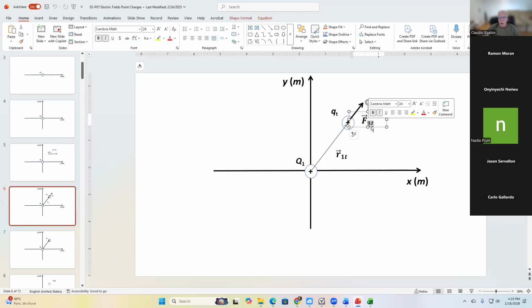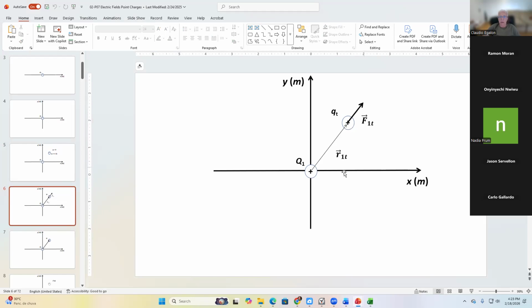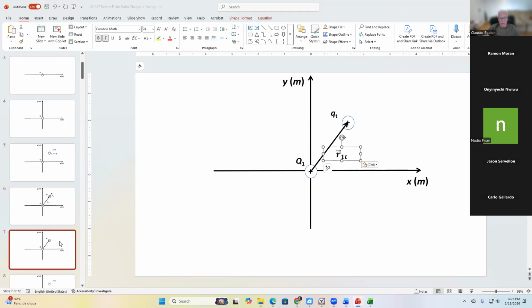The force of charge 1 applied to the test charge is repulsive in this specific case. Now here we go. We have this position vector that goes from charge 1 to the test charge q_t. Here you go, that's the position vector. Let me copy this and paste it right here.